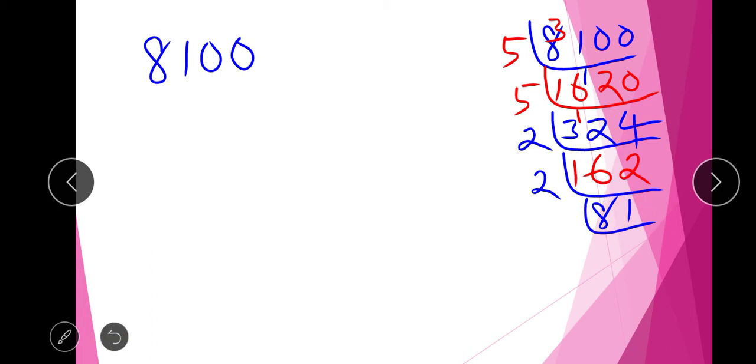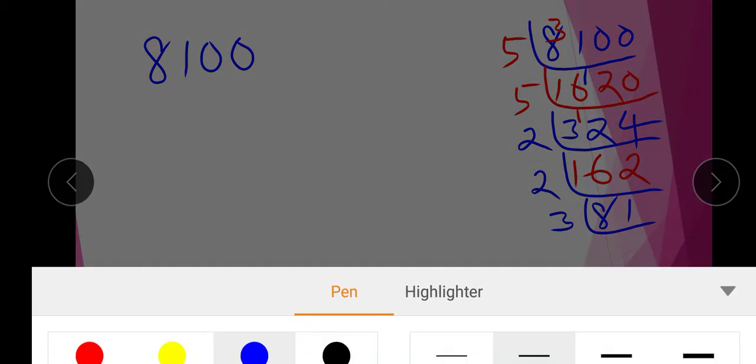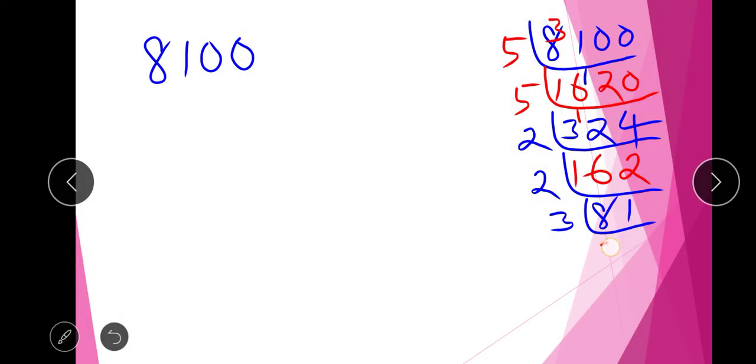The next prime number 3 we can check. 8 plus 1, 9. Add the digits, 9 is coming. So definitely 9 is a multiple of 3. We can divide it by 3. In 8, how many times 3? 2 times. 2 threes are 6, and the remainder is 2.